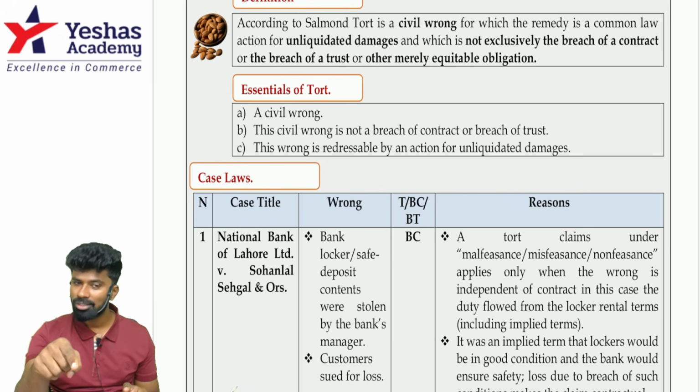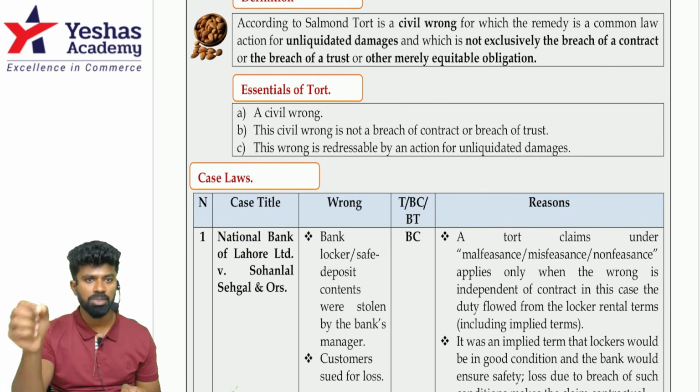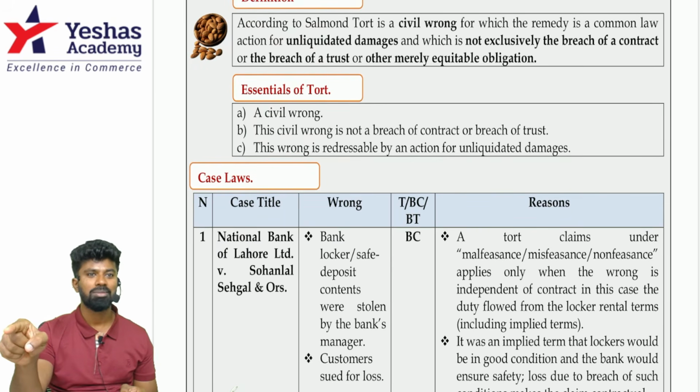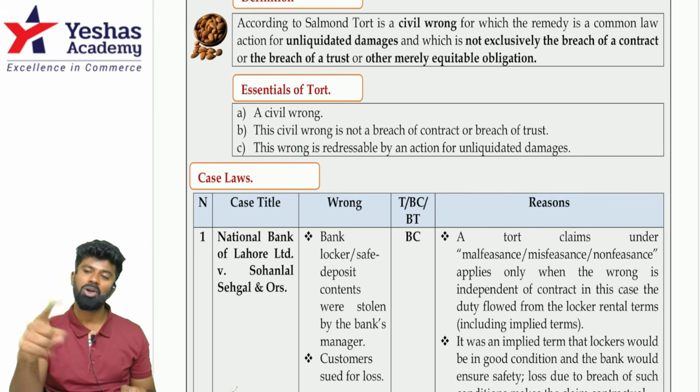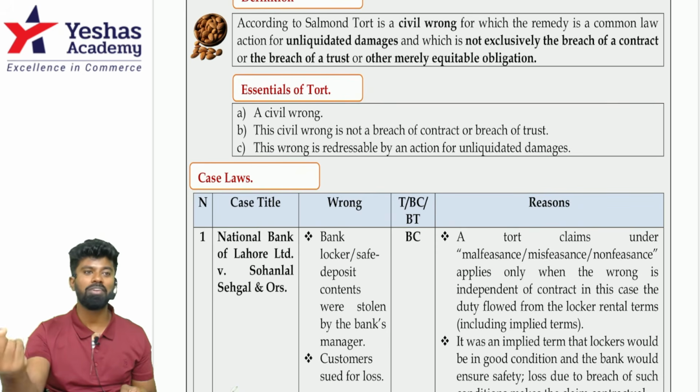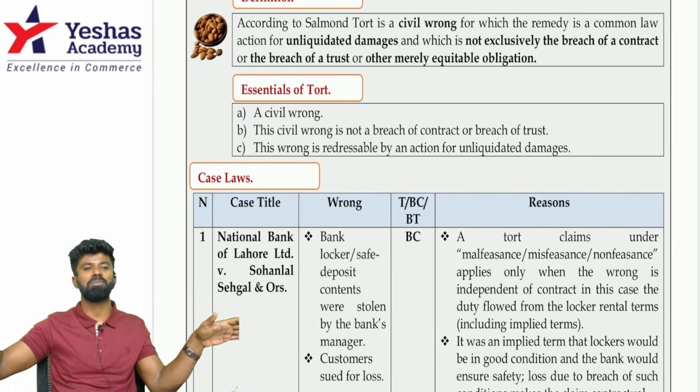But all torts are civil wrongs. Does tort include breach of contract? No. Breach of trust and equitable obligation? Are they civil wrongs? Civil wrongs are not all torts, but all torts are civil wrongs. And tort is based on common law or codified law? Common law. Are we clear with this, everybody?